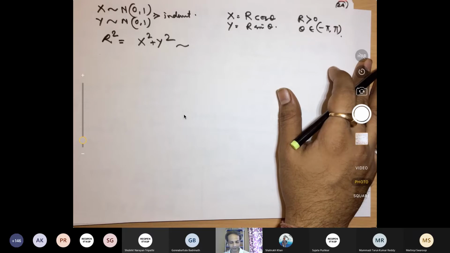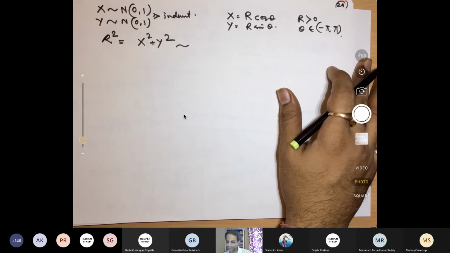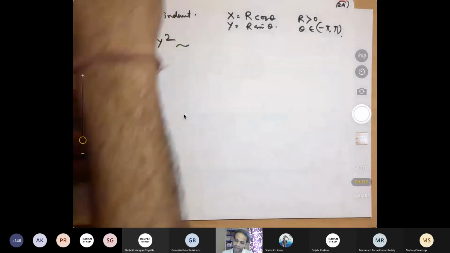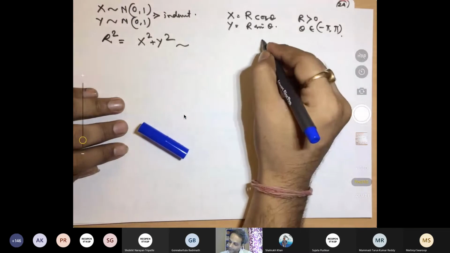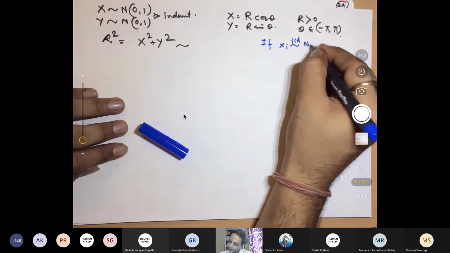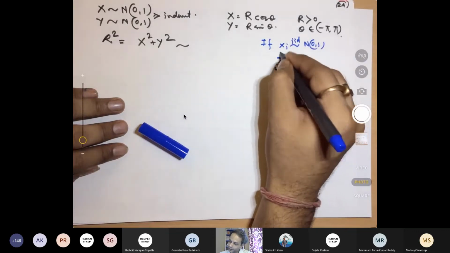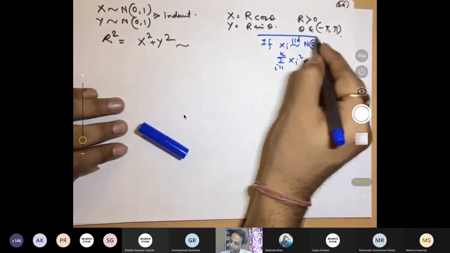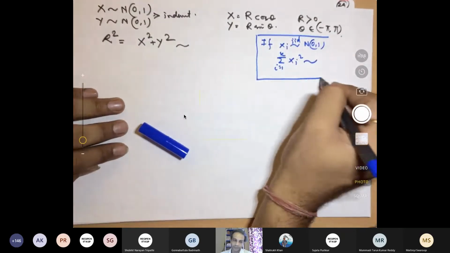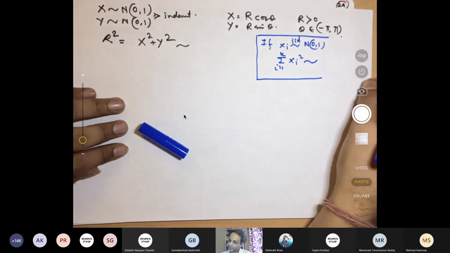Already we have studied in our class. If X1, X2, ..., Xk, so let me remind you once again, if the Xi's are IID normal 0, 1, the sum of Xi squared, i running from 1 to k, what does it follow? Check your notes and tell me.